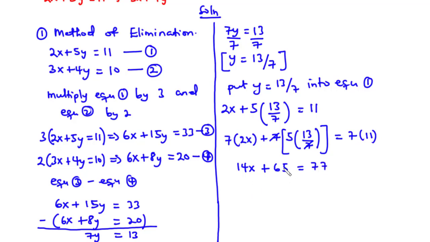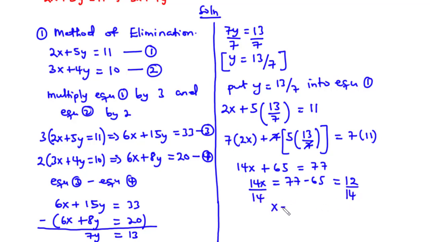So we transpose 65 to the right hand side. We have 14x equals 77 minus 65. That is 12. And then we divide through by 14.